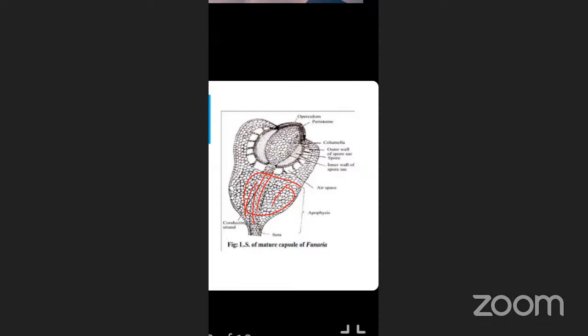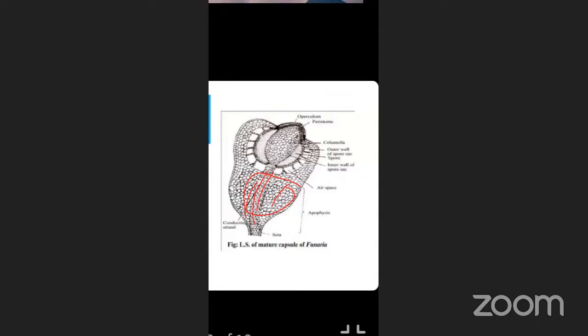The capsule of the sporophyte is developed from the epibasal cell, and the foot and seta are developed from the hypobasal cell. Okay, hypobasal cell means the lower part of the basal cell, which develops as the foot and seta, and the epibasal cell develops as the capsule.